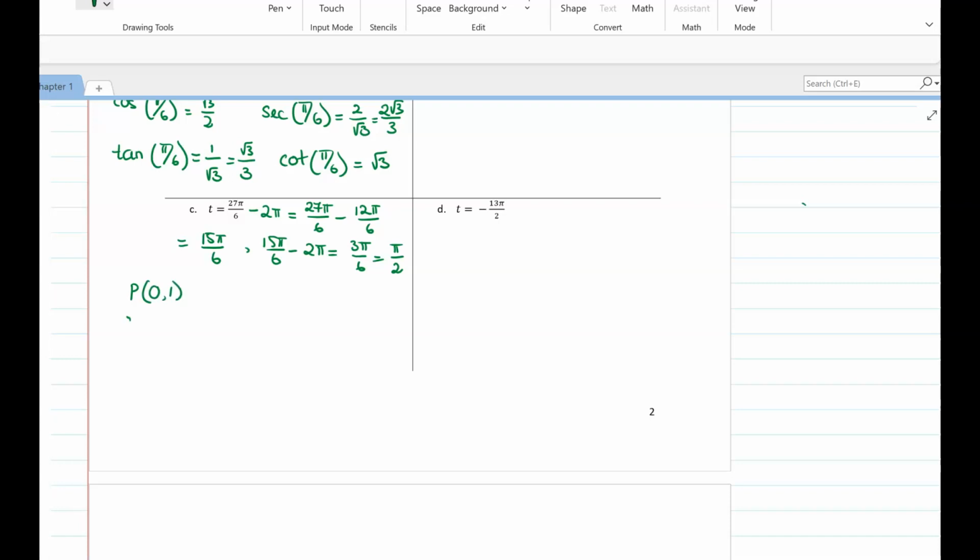So then sine of t or sine of 27 pi over 6 is equal to 1. Cosine of 27 pi over 6 is equal to 0. Tangent of 27 pi over 6 equal undefined.